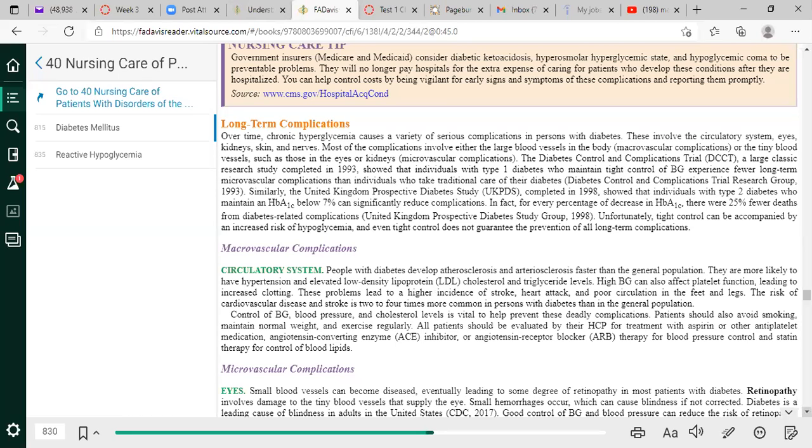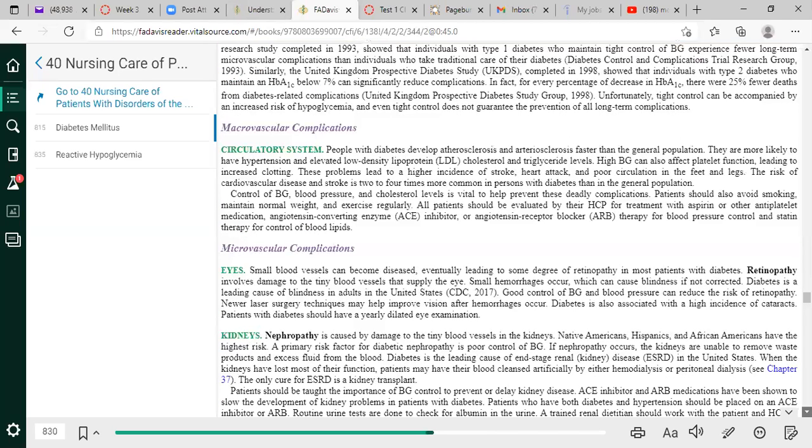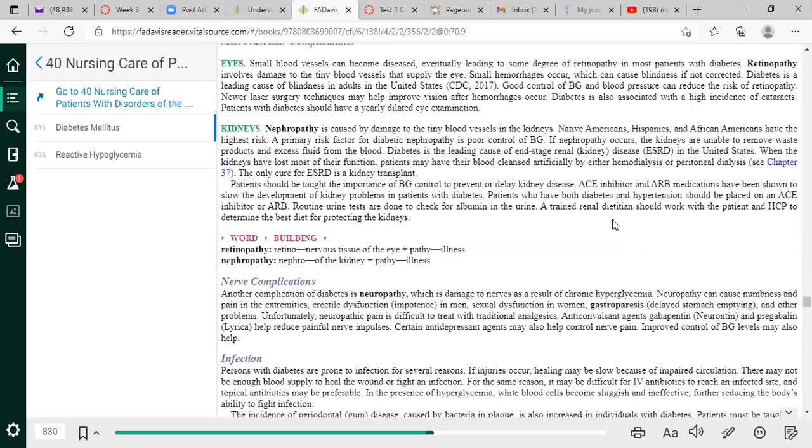Talks about nerve complications, neuropathy. And notice this says nephro. Nephro is referring to the kidneys. This says neuro. Neuro is referring to the nerves.